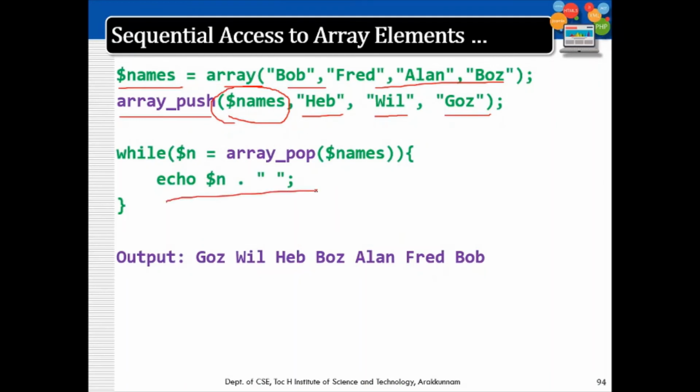So if you try to print the values after popping, it will contain Goes, Will, Heb, Bose, Alan, Fred and Bob. So it is popping from the farther end, from the last element till the first element. You can see it is in reverse order. So pop will be taking out the values from the last element onwards.